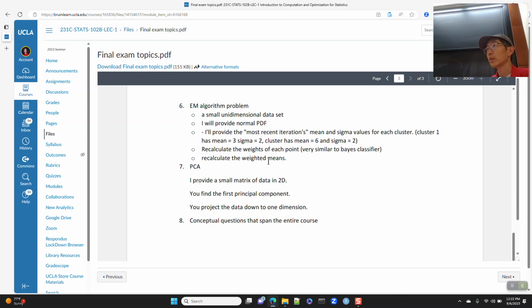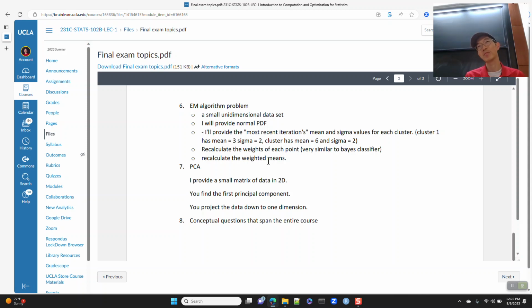So if it's been a while since your linear algebra class, you might need to brush up, or certainly you should brush up on how to find eigenvalues and eigenvectors of a 2 by 2 matrix. Okay, it's a lot harder to do it for a 3 by 3 matrix or higher dimensional matrix, but it is reasonable to ask you to calculate eigenvalues and eigenvectors for a 2 by 2 matrix, which is what I will ask you to do.